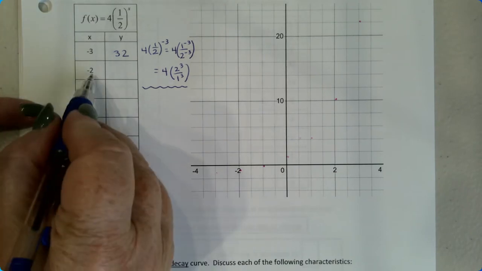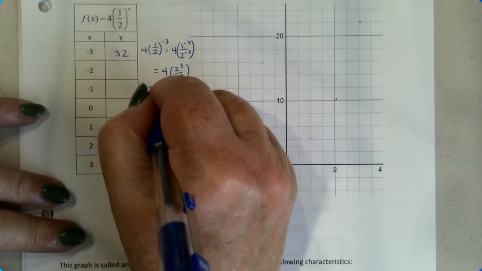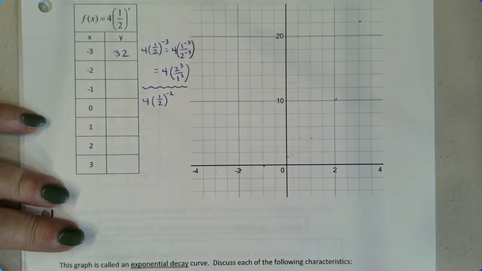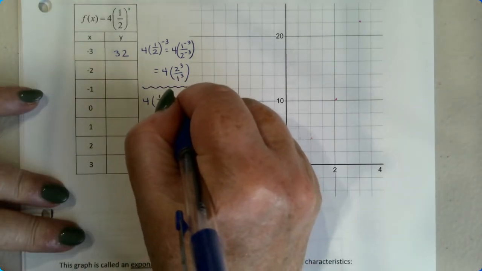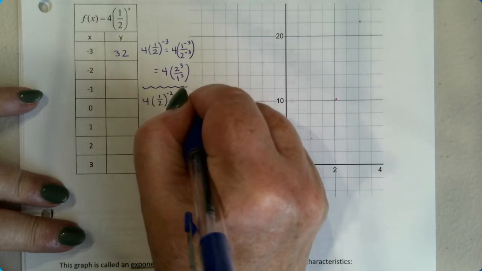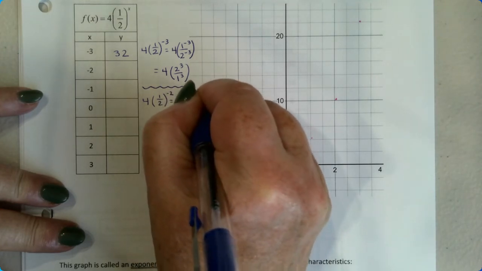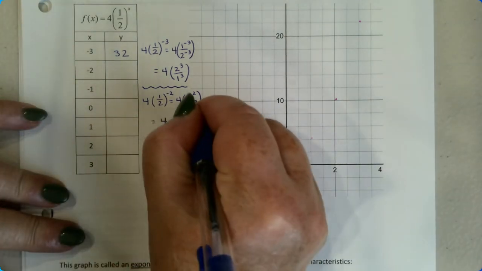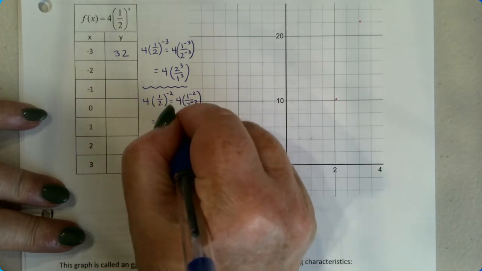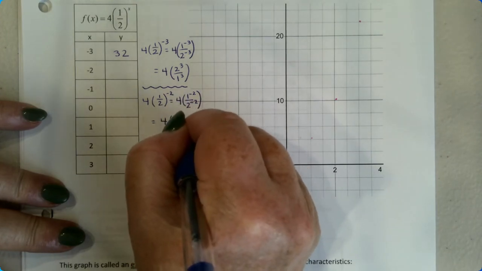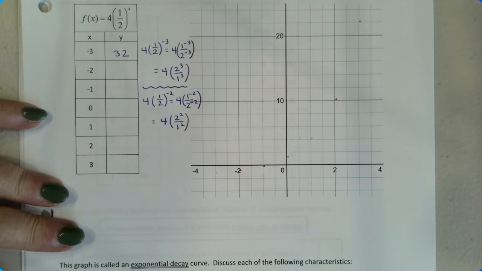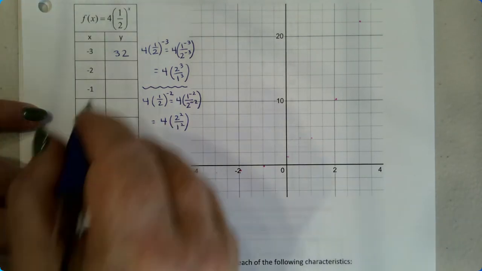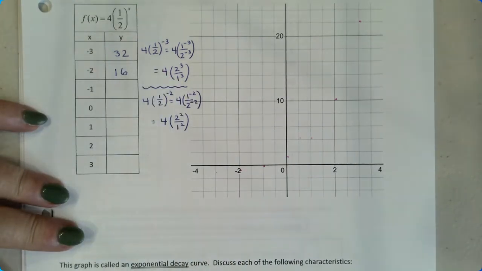All right, let's plug in the -2. 4 times 1/2 to the -2 is 4 times 1 to the -2 over 2 to the -2. Again, to make those exponents positive, I'd have to put the 2 squared on top and the 1 squared on the bottom. So that's really 4 times 4, or 16, divided by 1 is still 16.